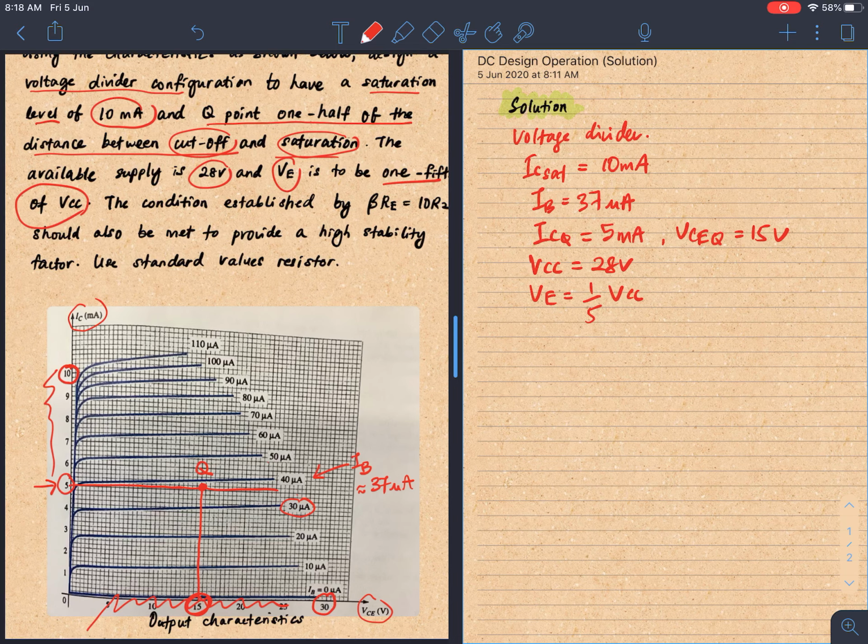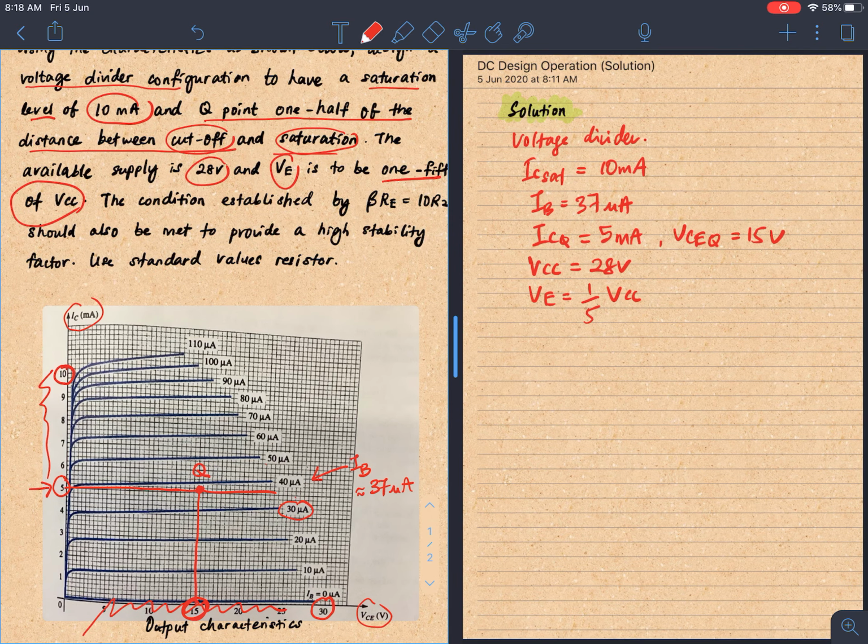And then, in this question, they say that they want to provide a high stability factor. So when we say high stability factor, remember this equation, and you also always use this equation to find whether the approximation method can be used.